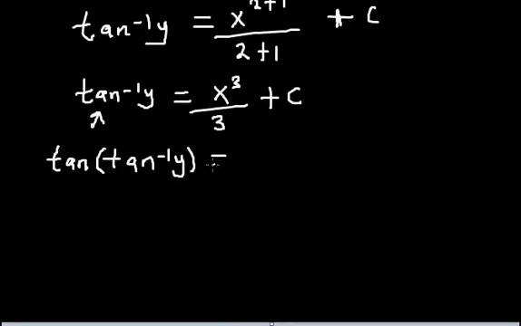And of course, the same thing happens to the right hand side of the equation. So that's going to be tan of x cubed all over 3, then plus c.